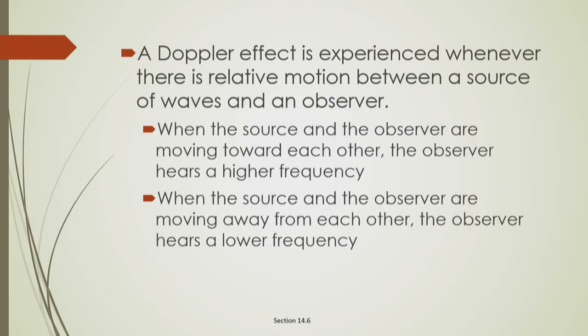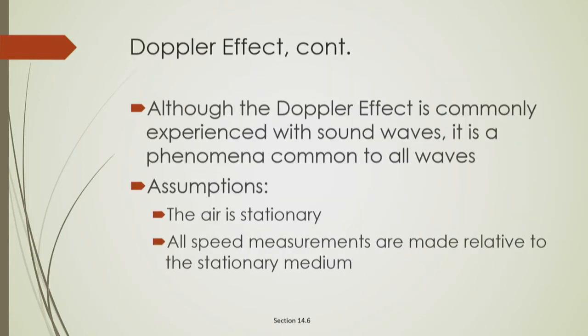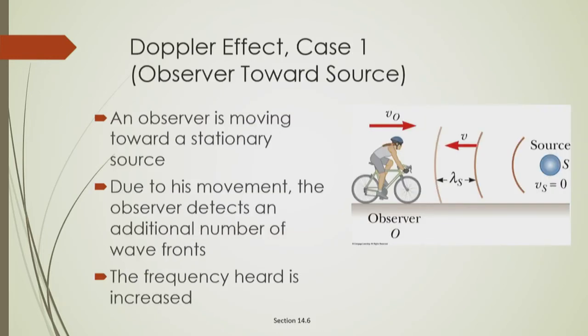Oh. Okay. So we look at the Doppler effect. There's a couple of things about the assumption. The Doppler effect assumes that the air is stationary and the speed measurements are made relative to a stationary medium. So this time the source is stationary and the observer is moving.